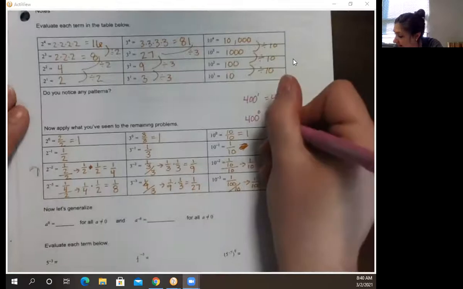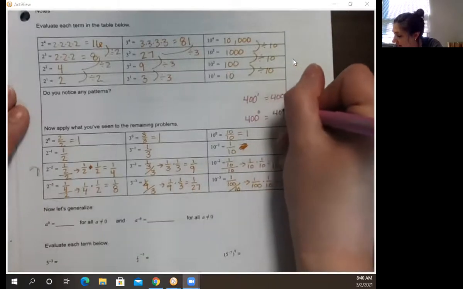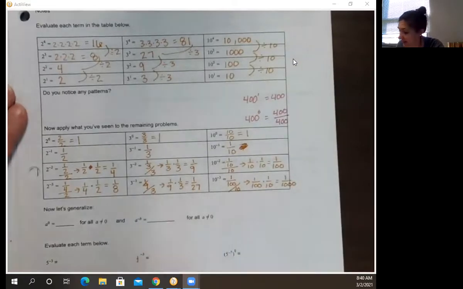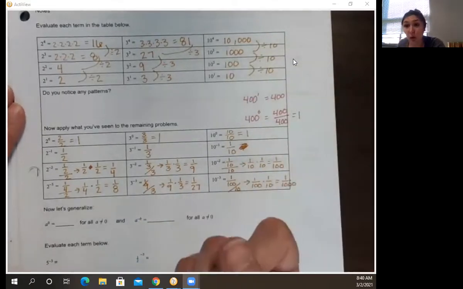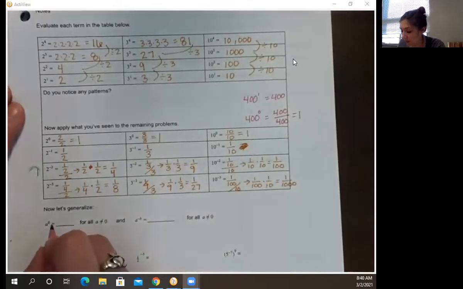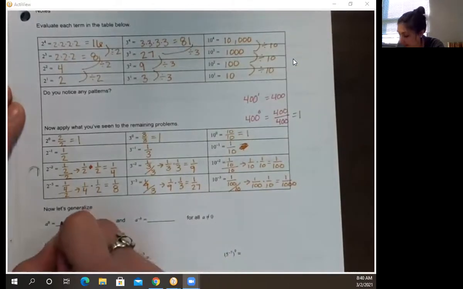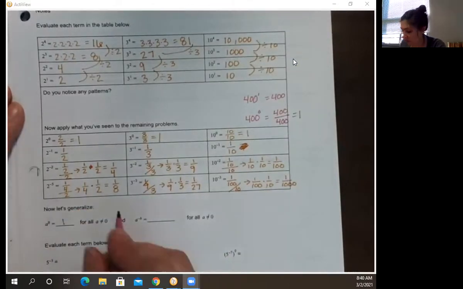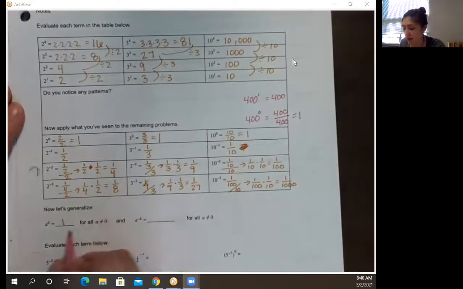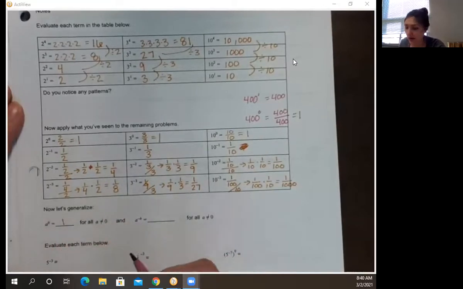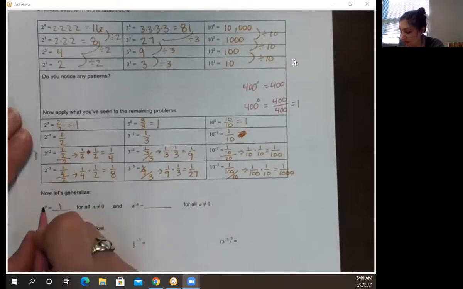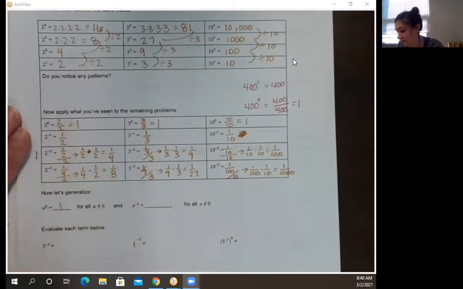So if I wanted to take it to the 0 power, I could take that last term and divide by a factor of 400, since I'm reducing that power by 1, and I'm going to get 1. Okay? So whatever I take to the 0 power, I should get 1. Now there's a little caveat in here that doesn't work if you're taking 0 to the 0 power. That's sort of a special case. But for everything that we're going to look at, anything to the 0 power is 1.